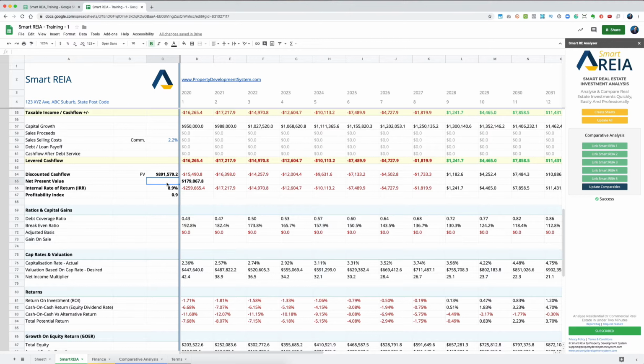NPV, which is net present value, is the difference between the present value of all future cash flows and the amount of cash you invest to purchase those cash flows. Now, I'll say that again. NPV is the difference between the present value of all future cash flows and the amount of cash you invest to purchase those cash flows. And that is why it is called the net present value.